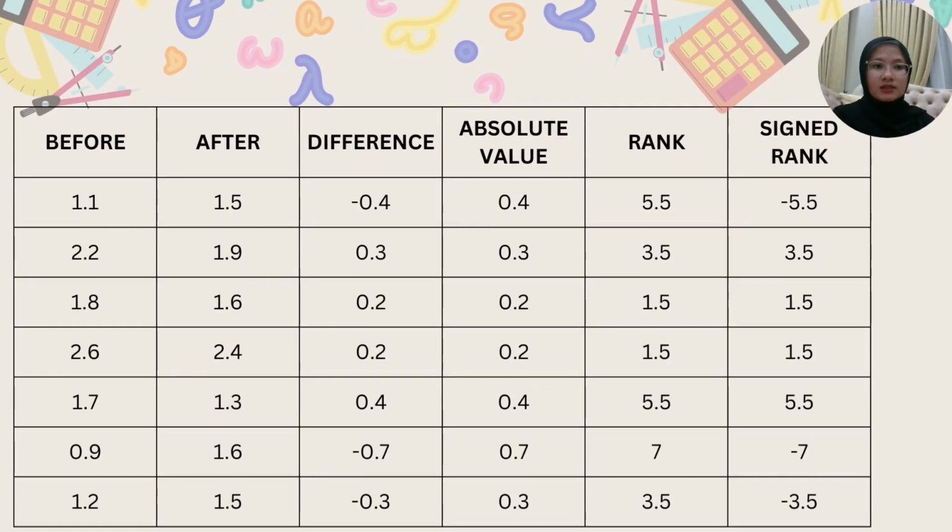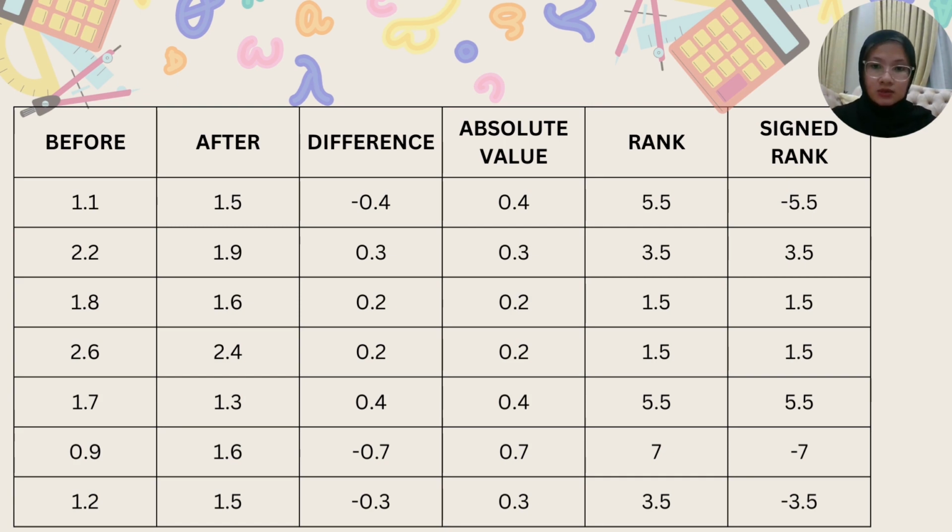After arranging according to rank based on absolute value, as you can see, 0.2, 0.3 and 0.4 appear twice. So to determine their rank, we need to calculate the average. For 0.2, they have two ranks, which are 1 and 2.